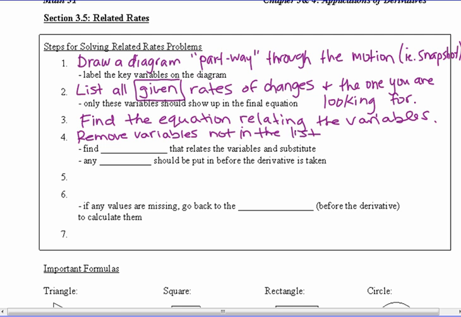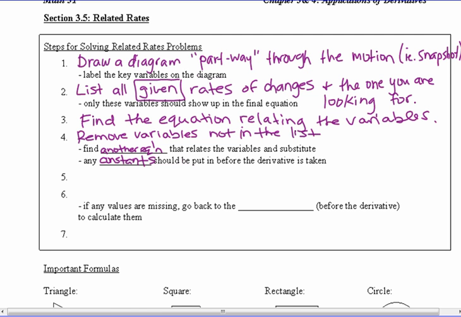Somehow, if you're going to have to remove something, you're going to need to find another equation that relates the variables, and then substitute. Any constants should be put in before the derivative is taken, because the derivative of a constant is 0. So if there is something that's constant, that's not changing, we're going to substitute that in before we derive.